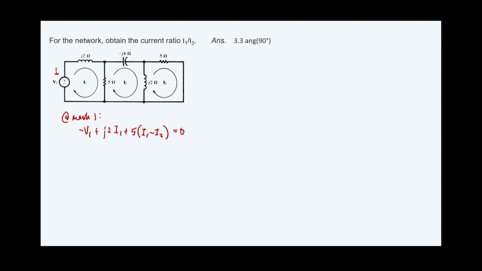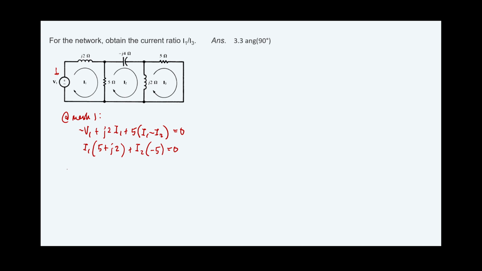You can arrange this equation, so you have I1 times (5 plus j2), plus I2 times (negative 5), equals 0. Wait, rather: I1 times (5 plus j2) plus I2 times negative 5. So this is your first equation.